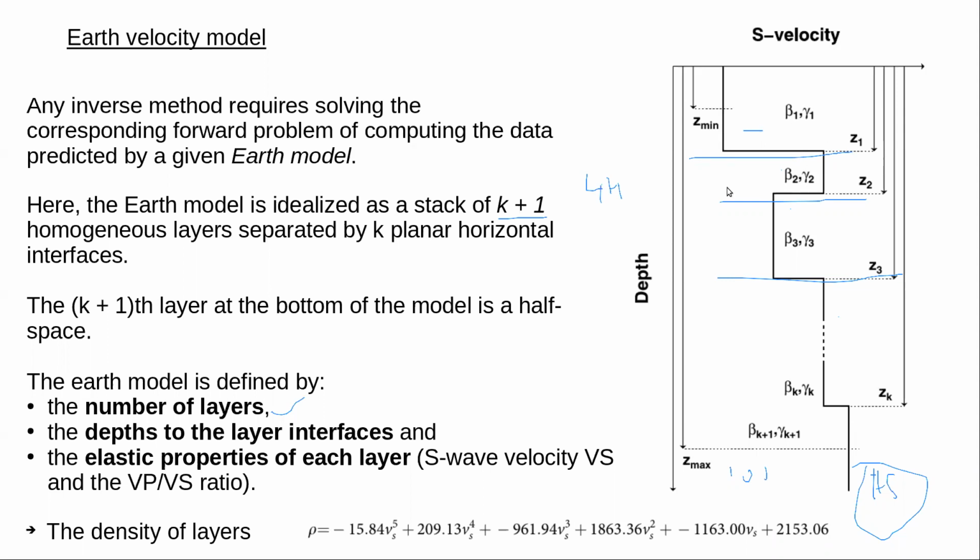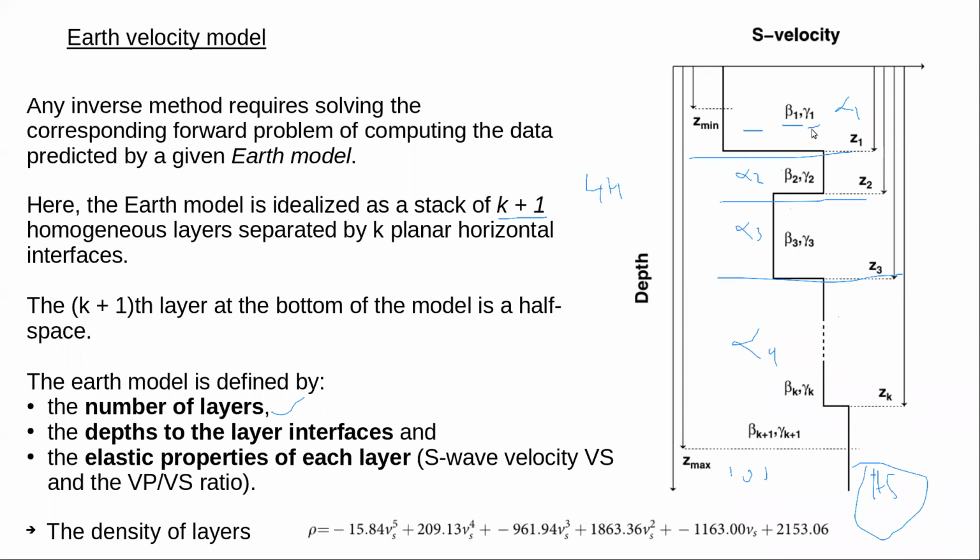So here we define, say, the shear velocity for each layer, beta 1, beta 2, beta 3. You can also have alpha 1, alpha 2, alpha 3, alpha 4, which are the P wave velocities for each layer.